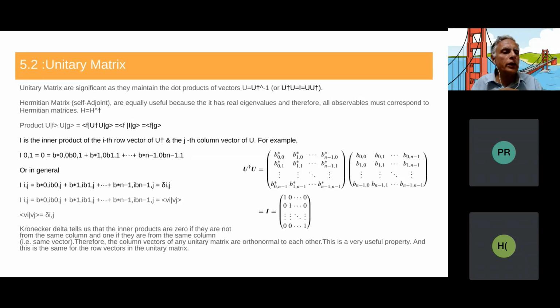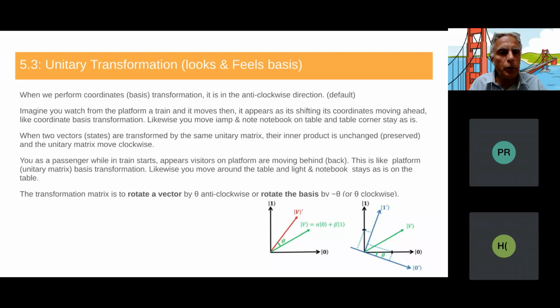If you take a complex conjugate, you get U dagger. If you take U dagger and take a complex conjugate, you get U. So U dagger U means the same thing: it's the identity matrix, or you can define the unitary matrix's inverse. This is important to note, and let me move on to transformation.